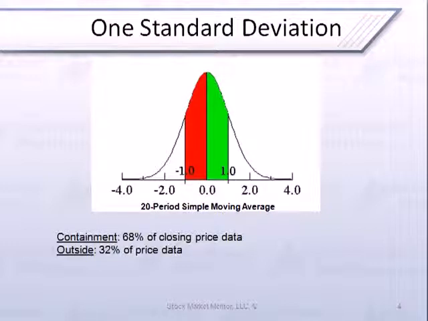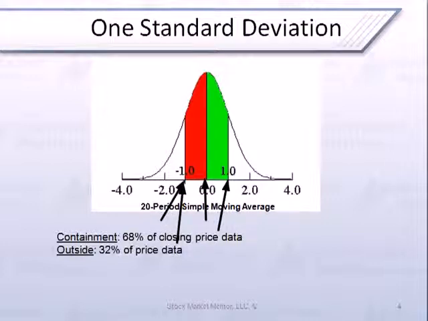I've got to ask you to bear with me on some of this so you can truly understand what's happening here. Okay. One standard deviation. This is the midline right here. This would be the value of that 20-period moving average. This is one standard deviation above. This is one standard deviation below.